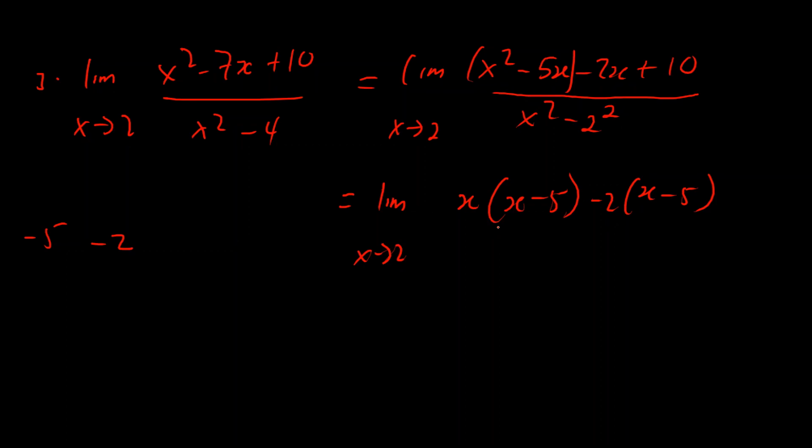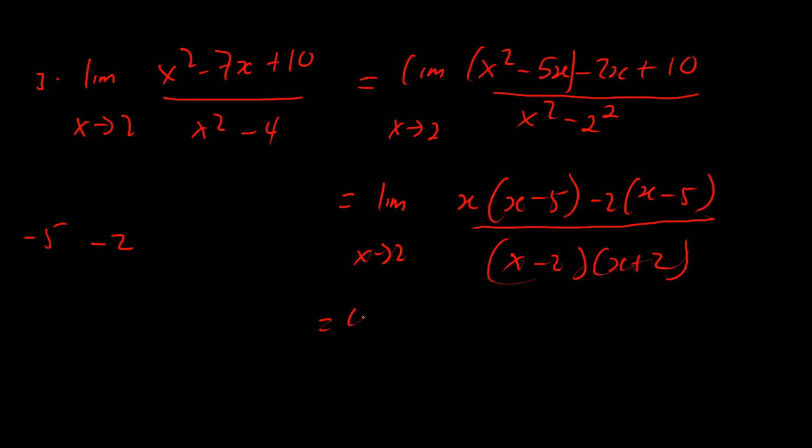So we are having x times x minus 5 minus 2 times x minus 5. And then with the denominator, this is a difference of two squares, and so we are going to have x minus 2 times x plus 2.